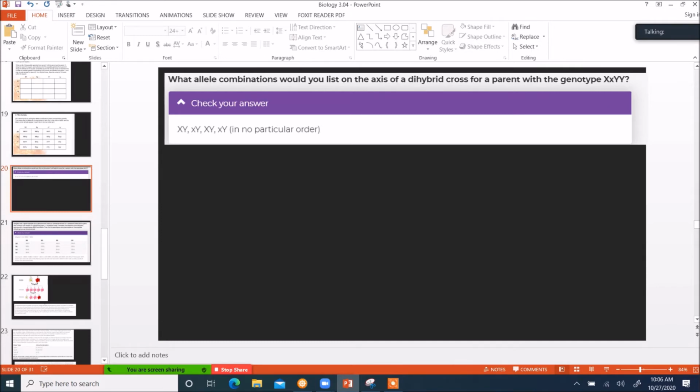What is the genotype of the parent here? Right. So capital X, lowercase x. So be precise.